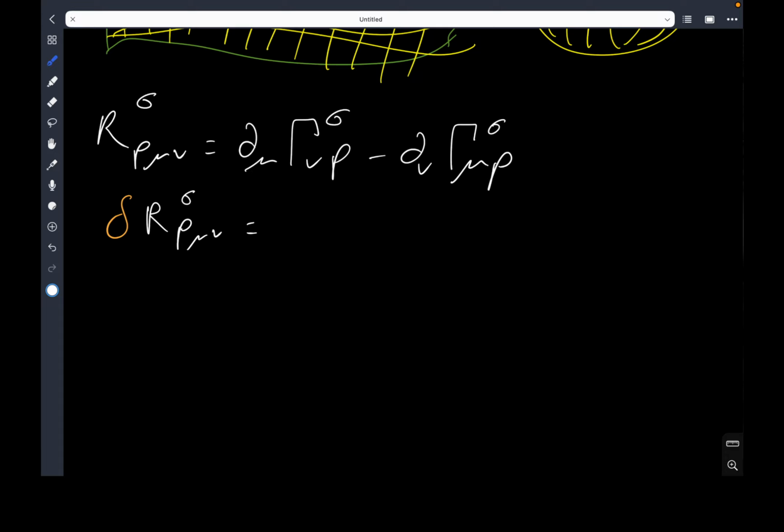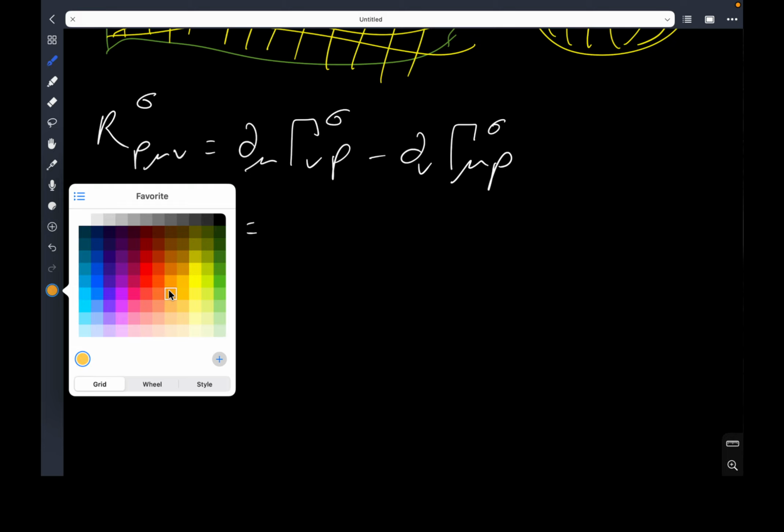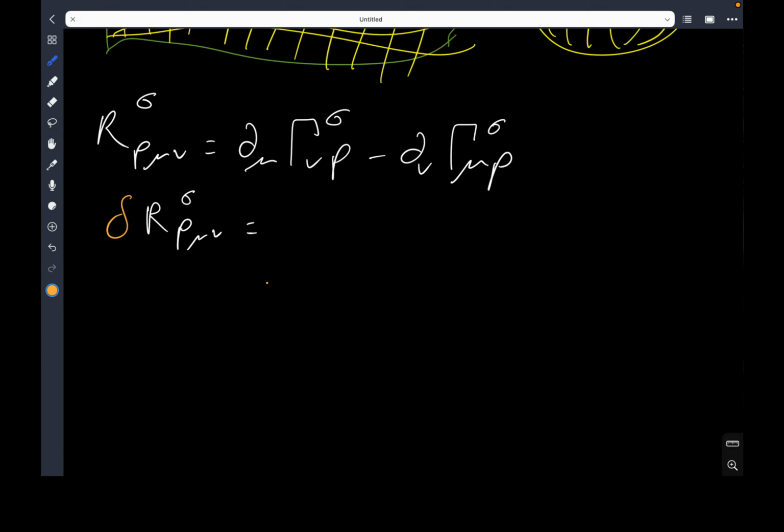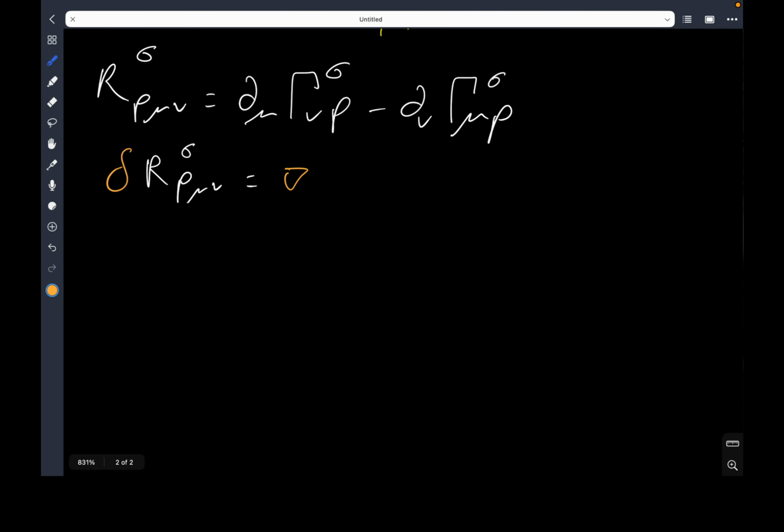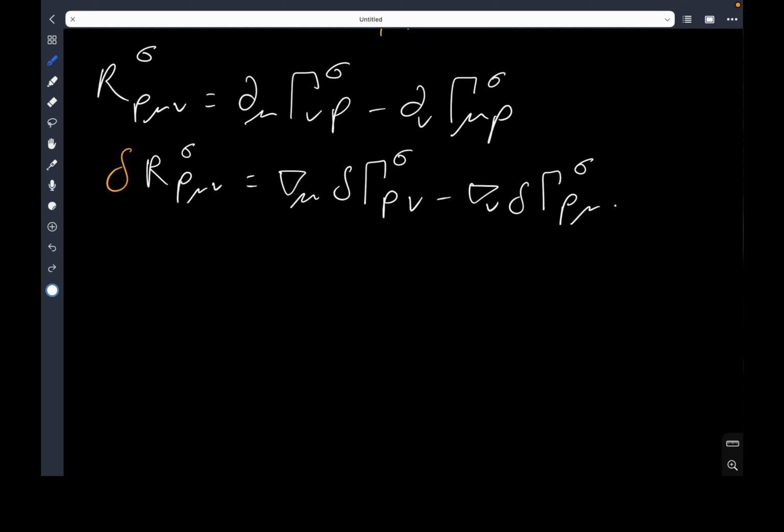To make the work faster, I'm going to use an identity, which is that the delta of the Riemann tensor is defined as the covariant derivative with respect to nu of delta Christoffel symbol sigma rho mu, minus the covariant derivative with respect to mu of delta Christoffel symbol sigma rho nu.